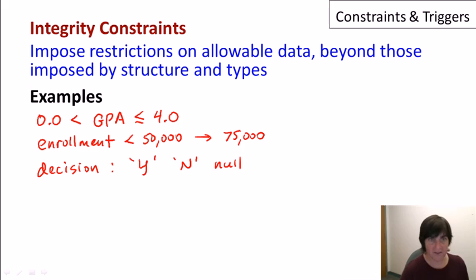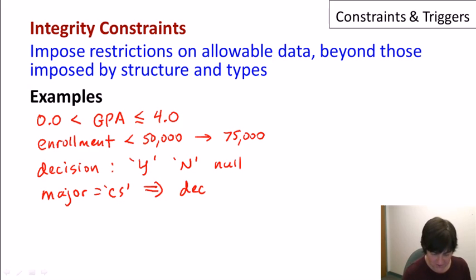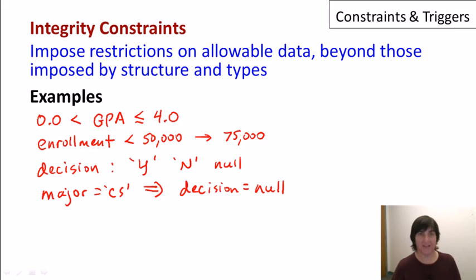Here's a little more complicated one. Maybe we'll want a constraint that says no decisions have been made on CS applications. So if our major equals CS, then this is a sort of logical implication, then our decision is still equal to null. Or here's an even more complicated one. Let's say that we want to enforce that students who come from small high schools are not admitted to super large colleges because it just wouldn't be a good idea for them.